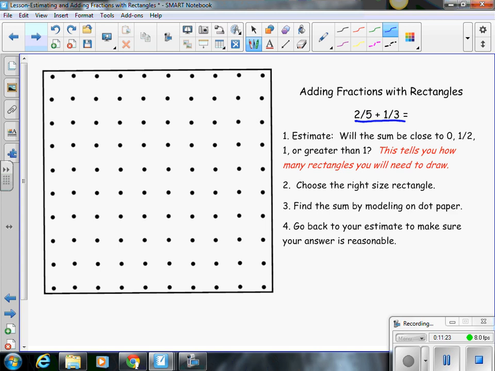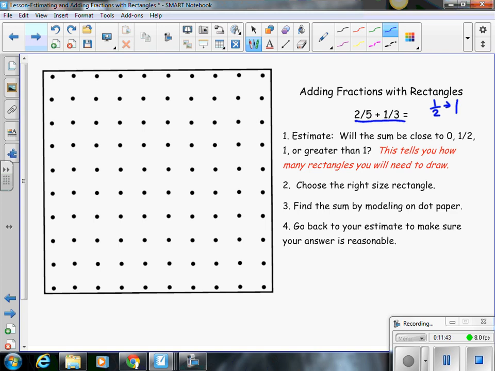So we know that we're only going to need one rectangle. So our answer will be between 1/2 and 1. Okay?